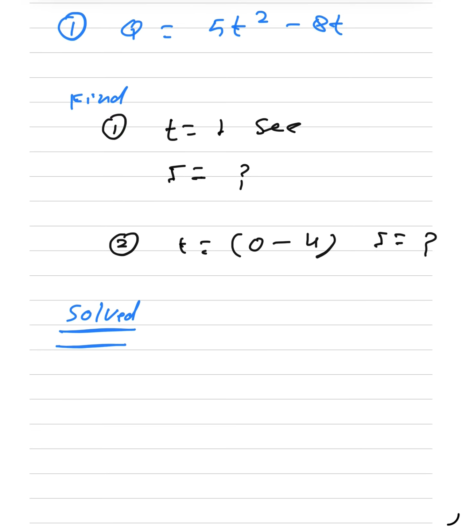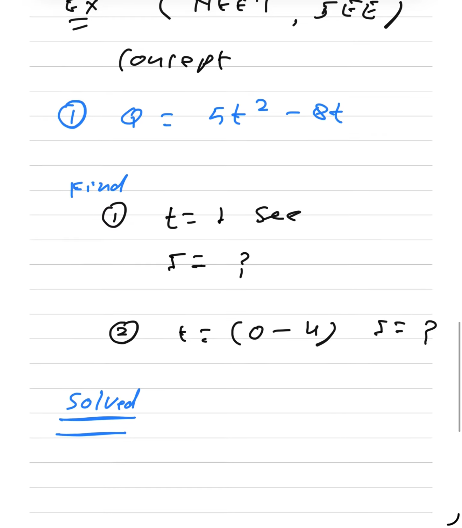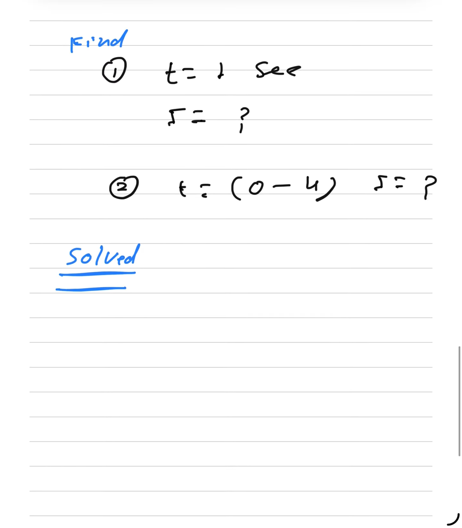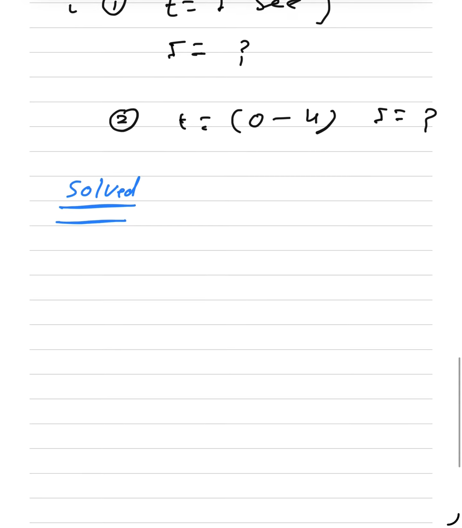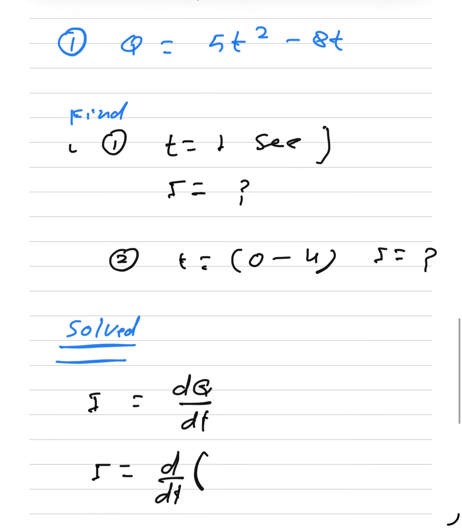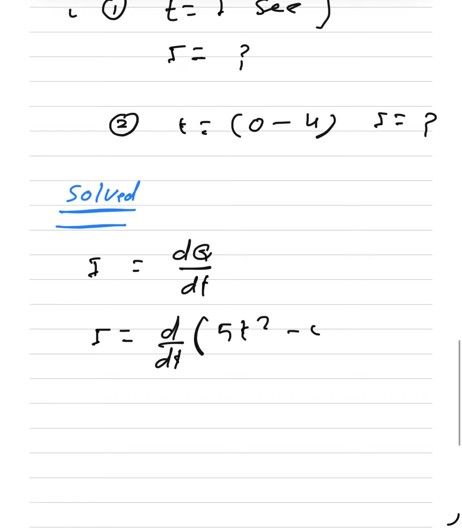Initially focus on the need of the question, the demand of the question, how to solve this problem, what the logic and concept of the question are. First we calculate the instantaneous value of electric current, I equals dq divided by dt, so I equals d by dt of 5t squared minus 8t.